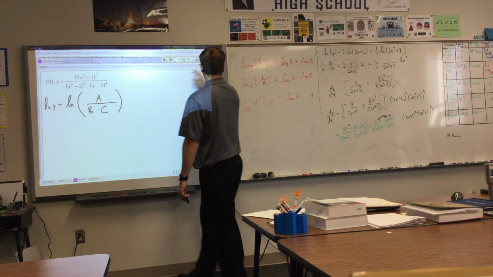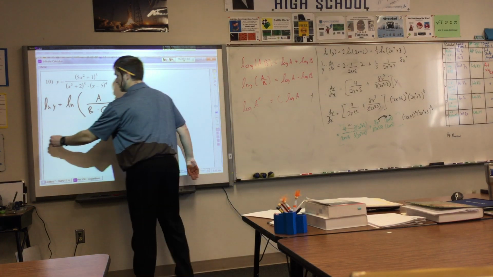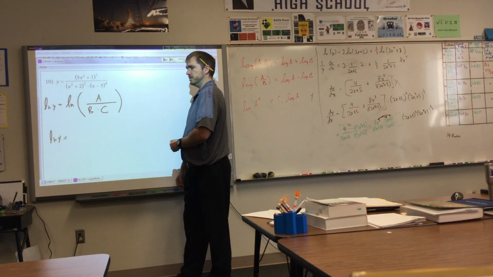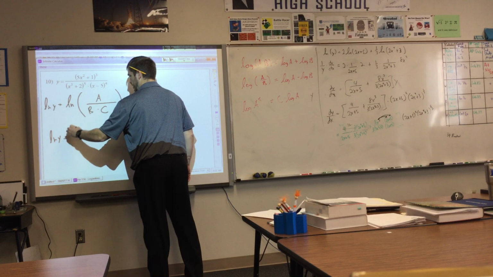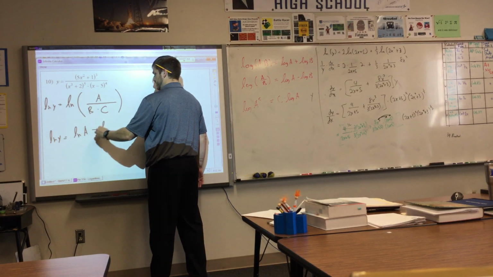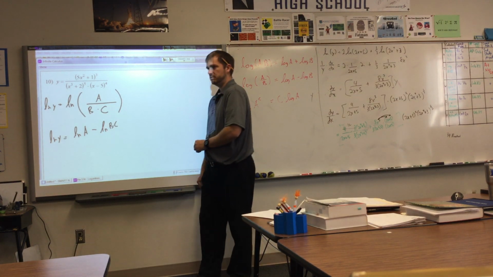Can you, using the properties of logarithms, break this down? Yeah. Okay. It's going to be natural log of a minus the natural log of b times c.